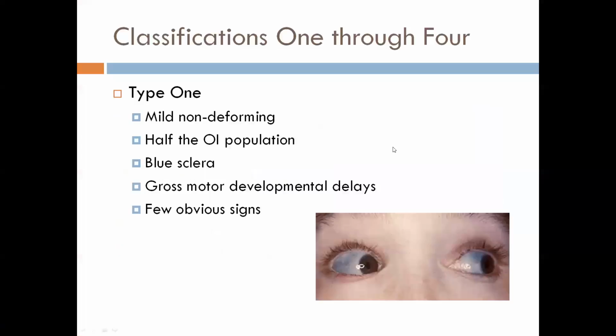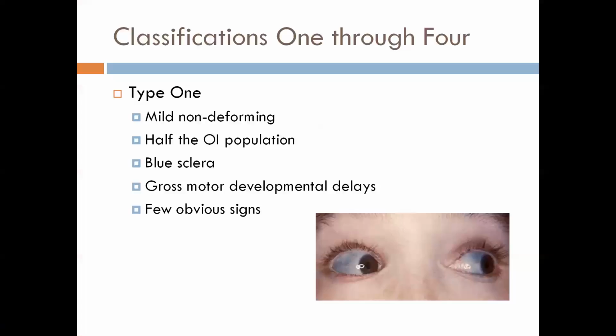Like I said, I'm going to cover classifications 1 through 4. There are 8. The reason I'm only covering classifications 1 through 4 is because they, one, make up the majority of the diagnoses, but also types 5 and 6 are a mutation off of type 4.